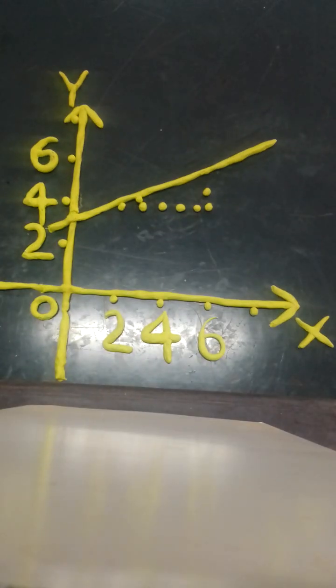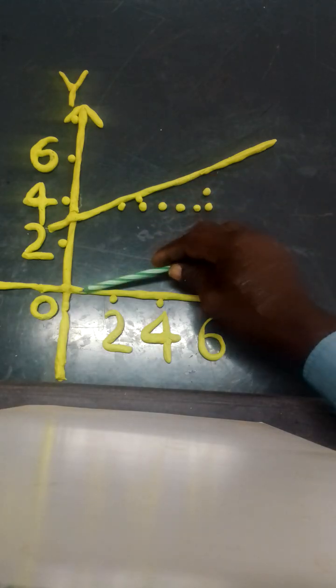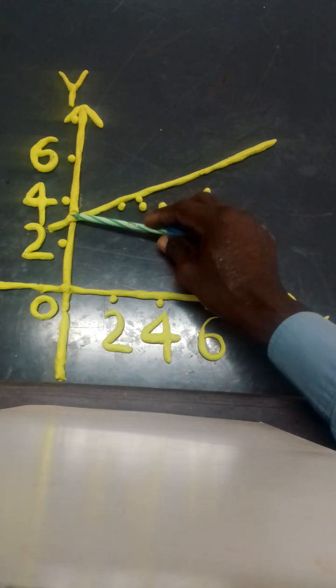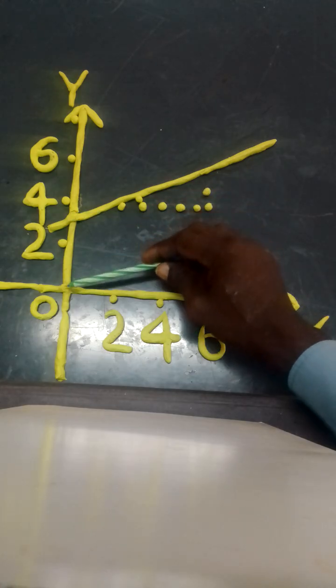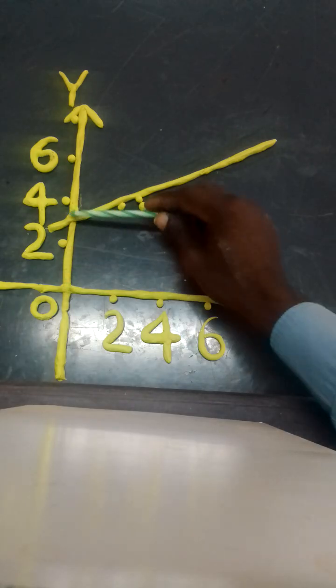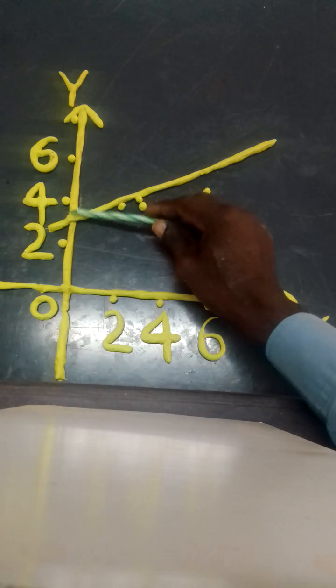So let's say you have found the gradient and you do not know the y-intercept, but you have two values, a value of x and a value of y. Let's say that the value of x is 0. When x is 0, y is 3, where the line cuts the y-axis.